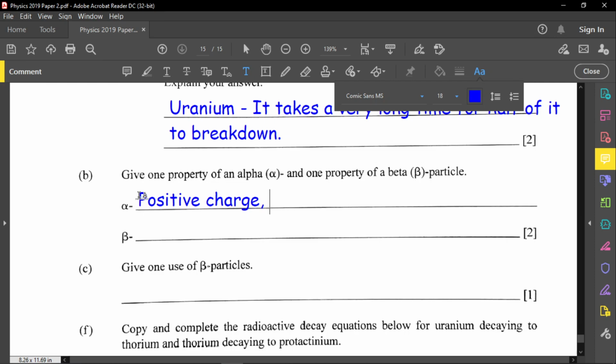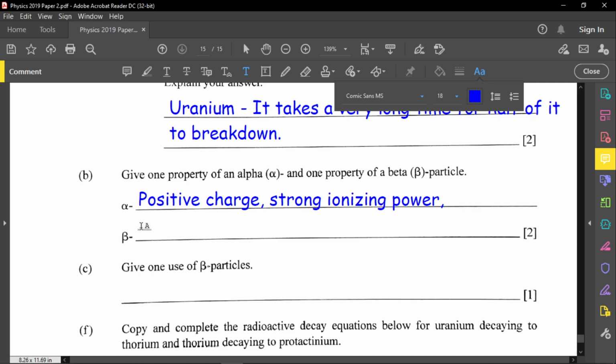Matter of fact, it's the strongest ionizing particle, so its ionizing power is strong. There's also another property, that it has a weak penetrating power. Just remember that, it has a weak penetrating power.